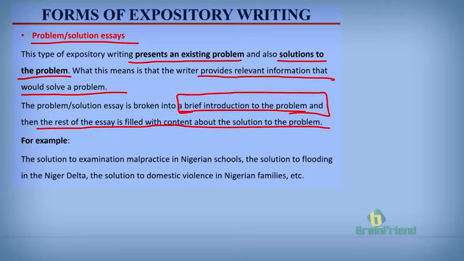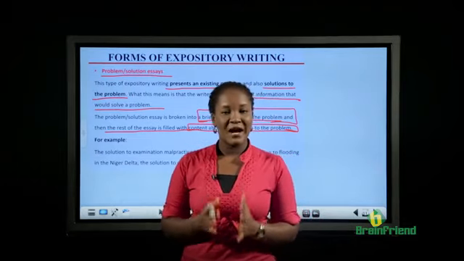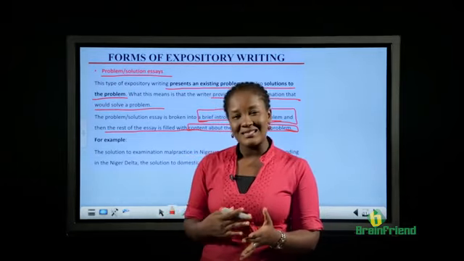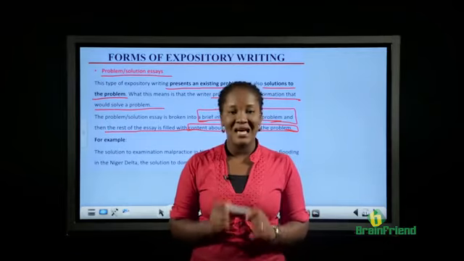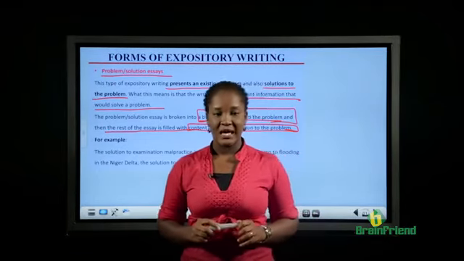The writer states what the problem is or what exists as a problem. And then the next part of the essay has to do with content about the solution to the problem. So the writer does not stop at presenting a problem or stating a problem. He also goes ahead to find solutions to that problem and state it in his essay, because that is the essence of a problem solution kind of essay.